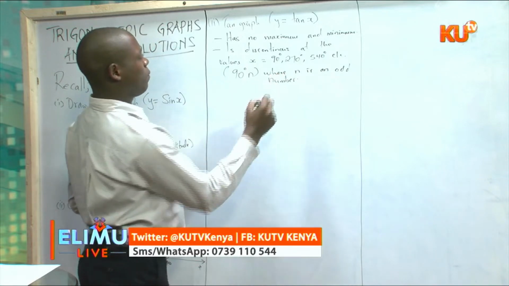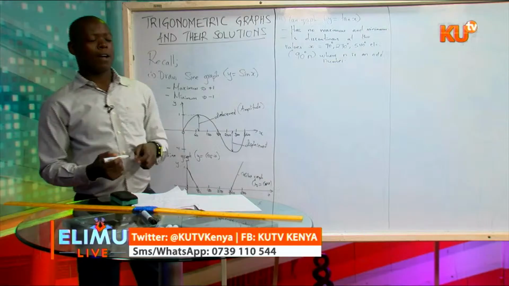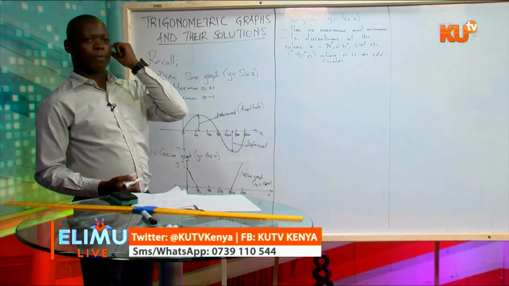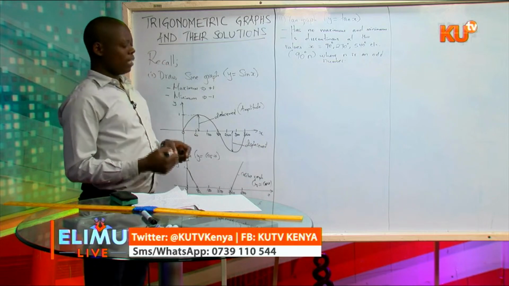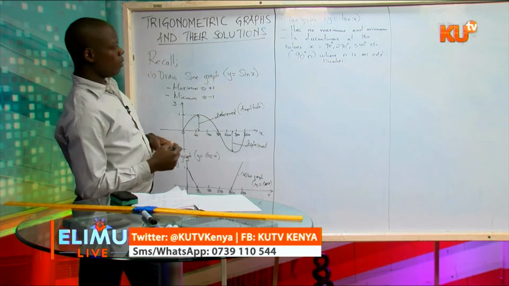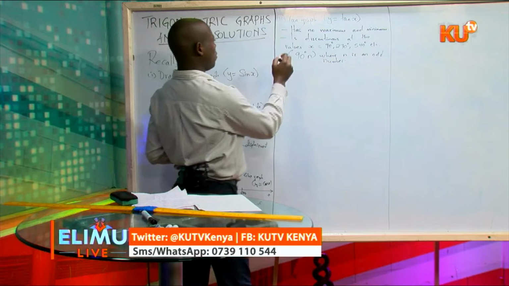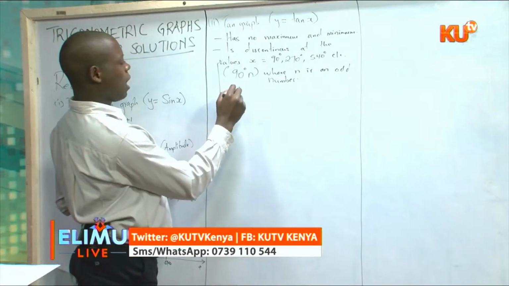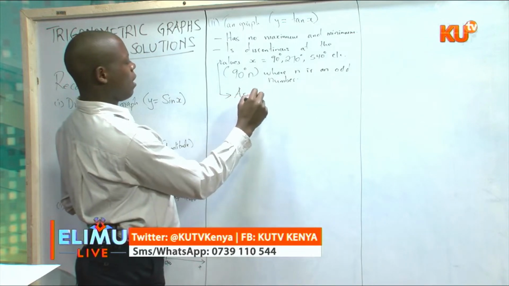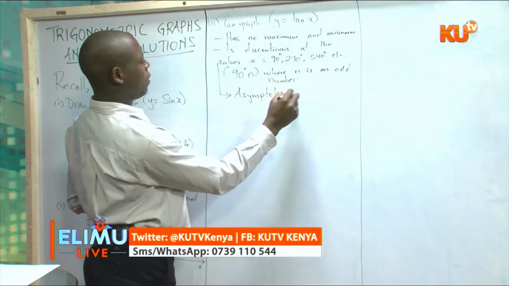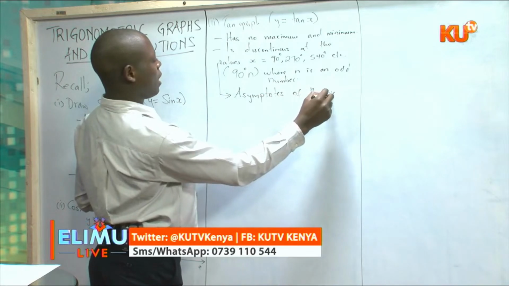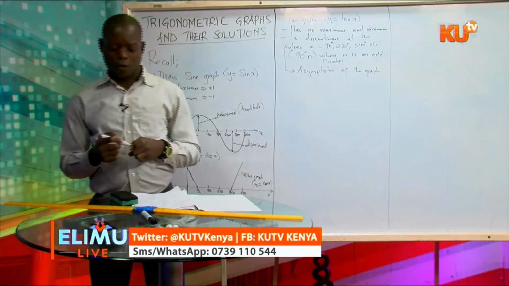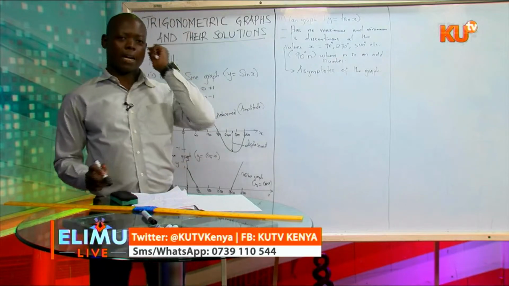So the graph of tan is not a continuous graph, as we can see in the sine and the cosine graphs. And the reason why we say it is discontinuous at these points is that these values attribute to what we call asymptotes of the graph. And that's why the tan graph is usually referred to as the asymptotic graph of the trigonometric ratio tan.